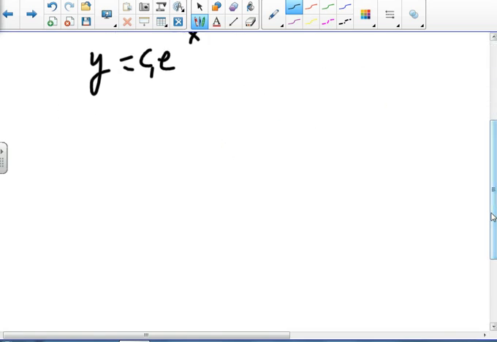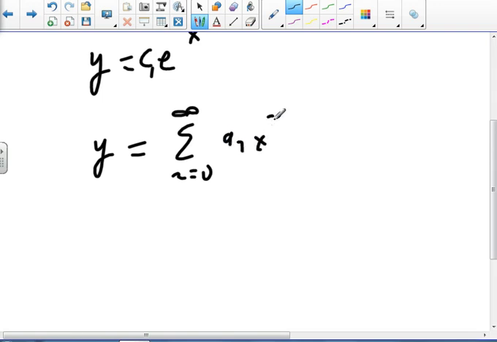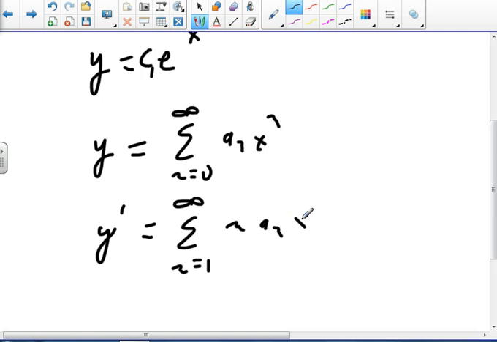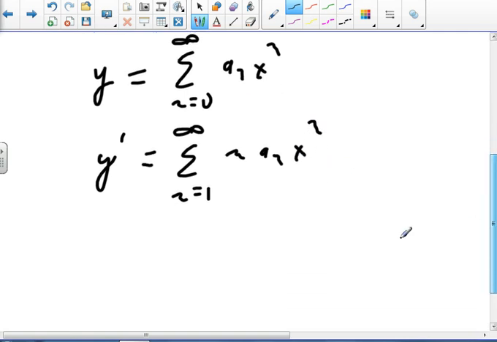And now we're going to go and say, well, y is equal to the summation n equals 0 to infinity of a_n x to the n, and y prime is the summation n equals 1 to infinity of n a_n x to the n minus 1. And then we're going to say, well, y prime minus y is 0.